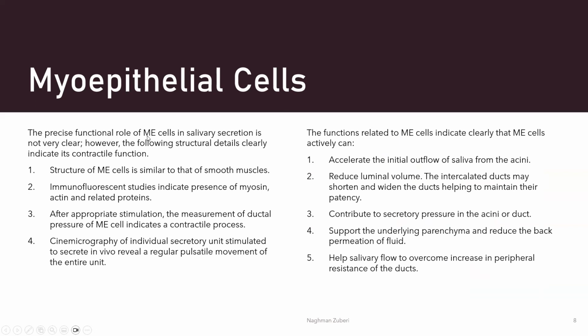The precise functional role of myoepithelial cells in salivary secretion is not very clear. However, the following structural details clearly indicate its contractile function. The structure of the myoepithelial cells is similar to that of smooth muscles. Immunofluorescent studies indicate presence of myosin, actin, and related proteins.